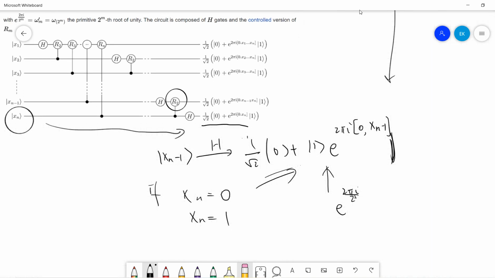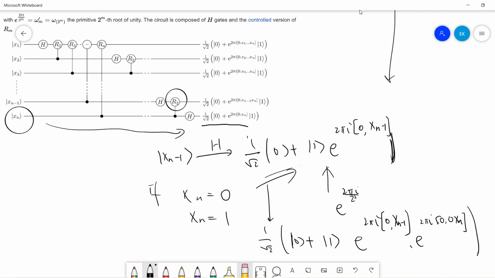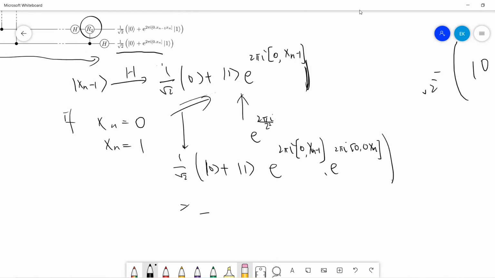Okay, so that means the final state will be 0 plus 1 plus exponential 2 pi I 0 xn minus 1 times exponential 2 pi I, but this is 2, right? So it's 0.0 xn. And combine these two, you get 0 and exponential 2 pi I 0 xn minus 1 xn.